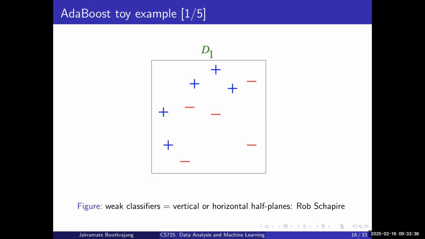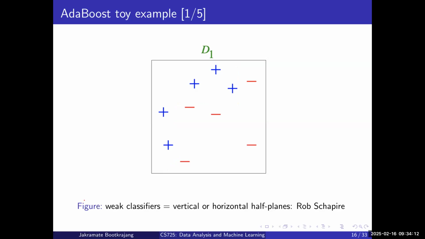We have positive examples and negative examples. In a perfect world, if you were to draw a decision boundary, it's going to be something like this, which can separate positive and negative examples perfectly. But this decision boundary is non-linear, so it's going to be very tough to compute.